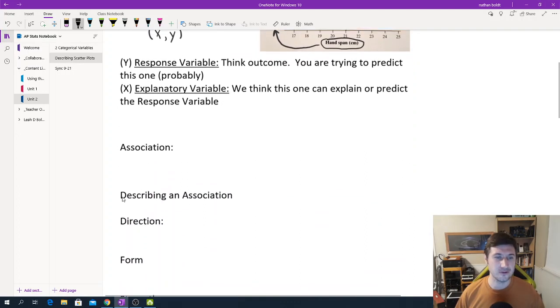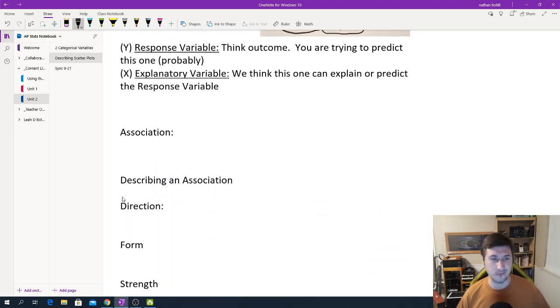All right, association. You're going to see this word around all the time. It is simply a relationship between two variables. If we have an association, we believe there is a relationship between two variables.